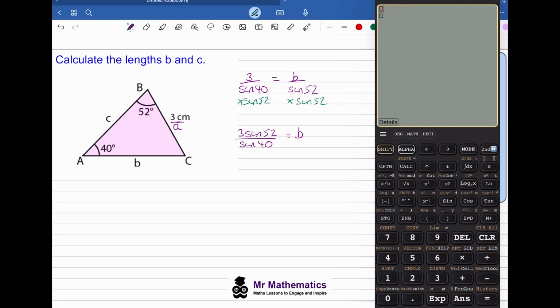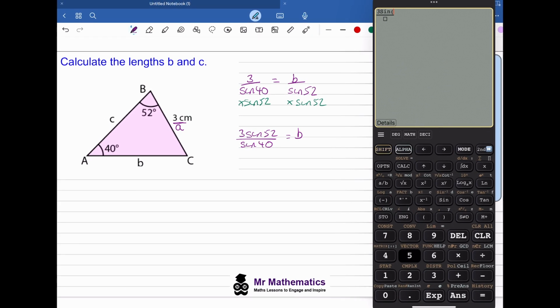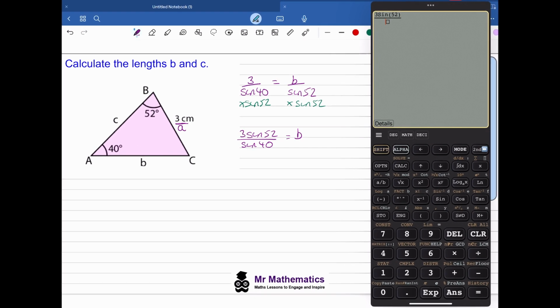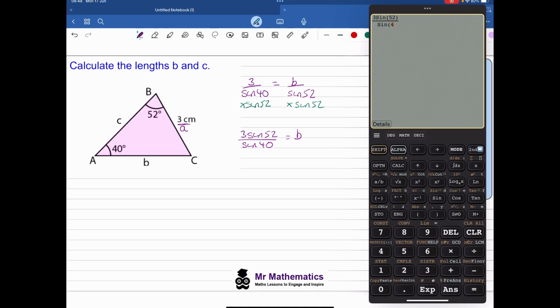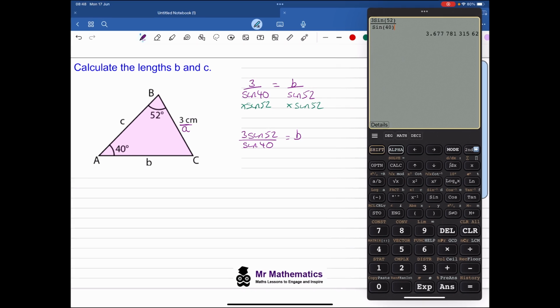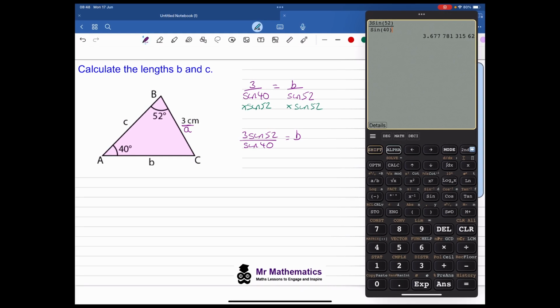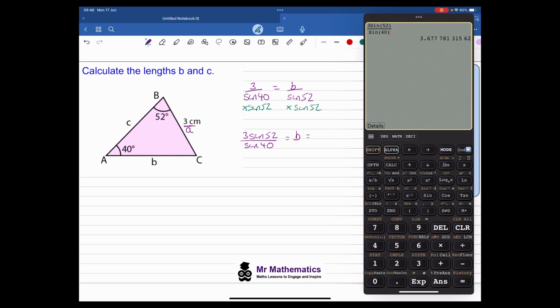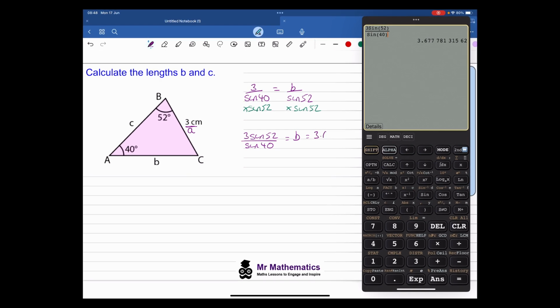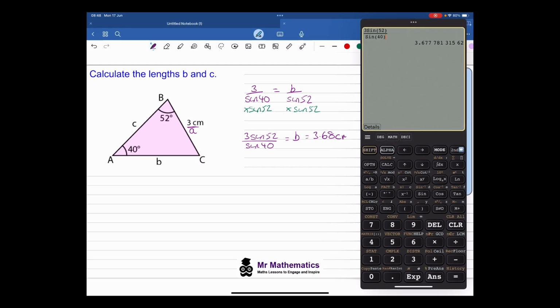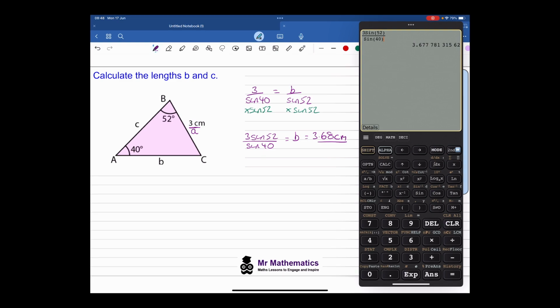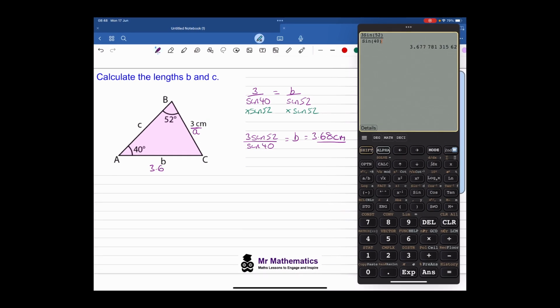We'll enter the fraction as 3 sine 52 for the numerator, and for our denominator we'll have the sine of 40. You can see this is 3.67 or 3.68 to 2 decimal places. And we'll include that on our diagram, so 3.68.